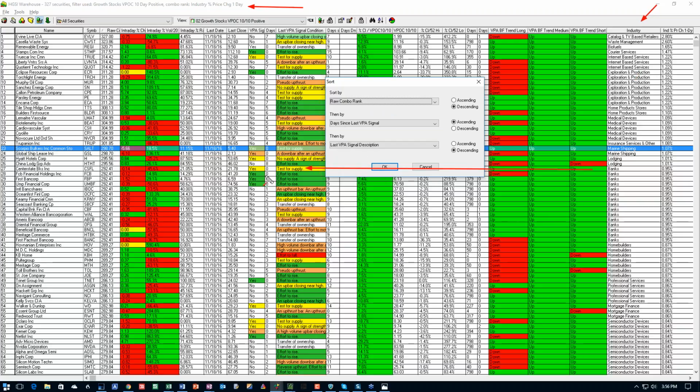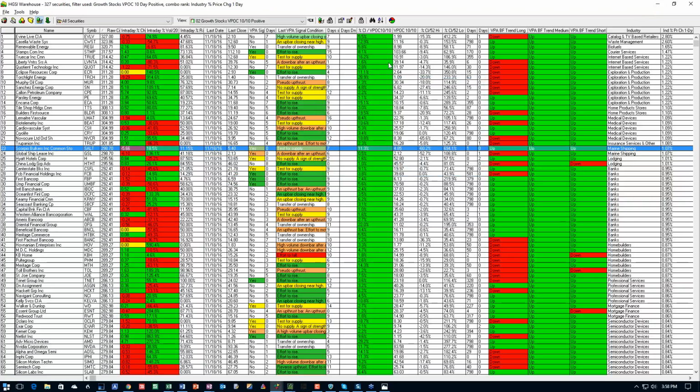I want to know the days since the last VPA signal, and then I want the last VPA signal description. So you can see yesterday there were 3 banks in a row which crossed over, and they all had efforts to rise. So what this multiple sort does is it allows us to group according to these criteria. I always like to know what the groups are doing, and then I want to see if they're following through.